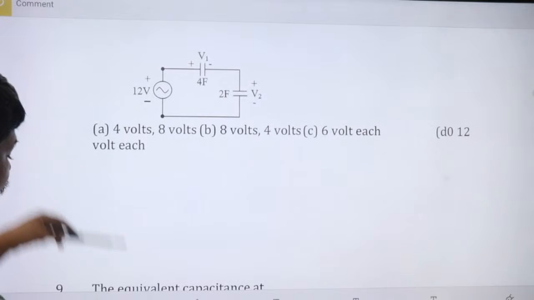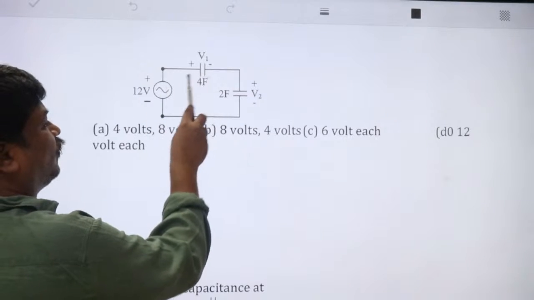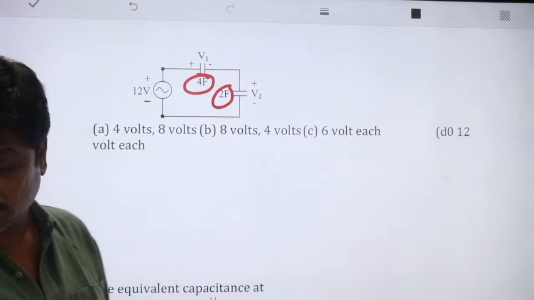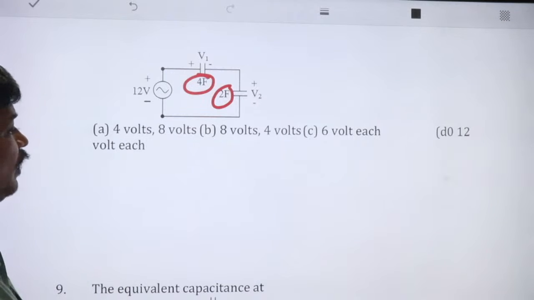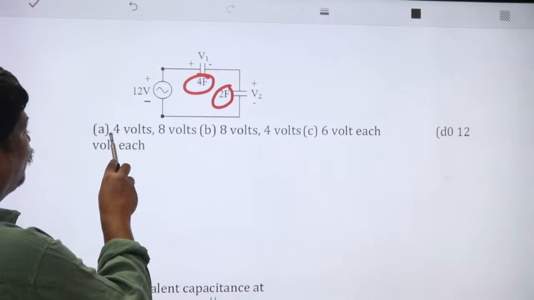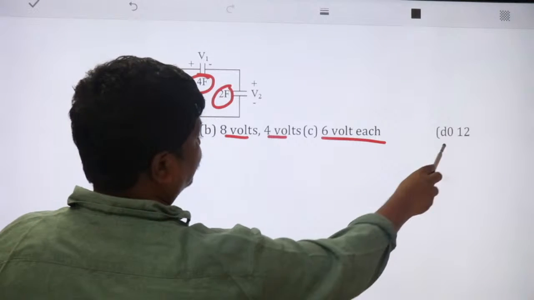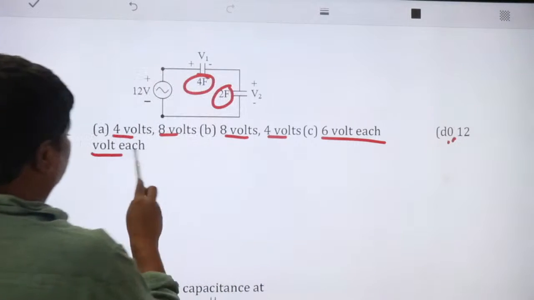Next. Do this problem. 12 volts is applied, 4 farads here, 2 farads here. What is the voltage across this one? 4 volts, 8 volts; 8 volts, 4 volts; 6 volts each; 0 and 12 volts.